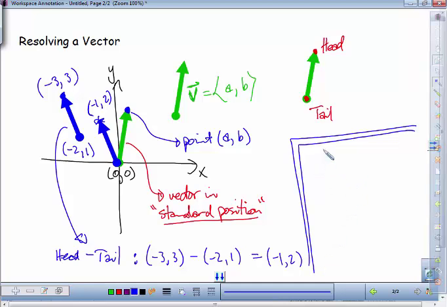Vectors are going to be called vectors, but numbers are going to be called something different now. We're going to refer to numbers as scalars.